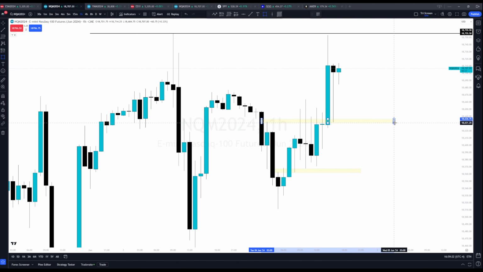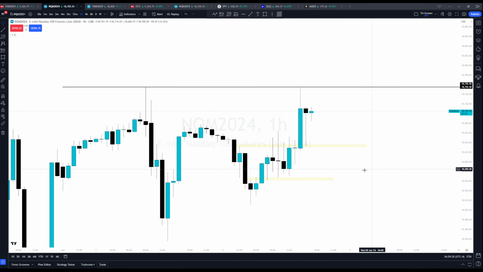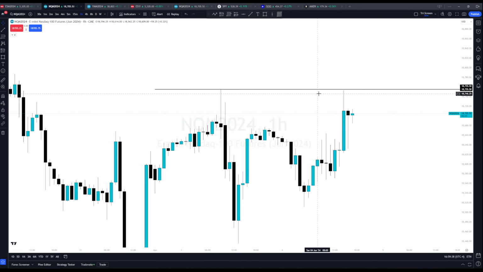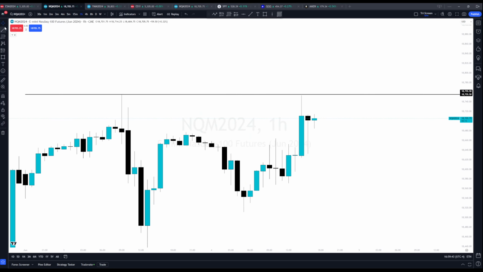We had another hourly here. Look how price went way back up here, came down, hit the hourly inverse, and then pushed back up. One more thing I want to point out. Look where we bounced. Obviously, this line is previous day high, right? We end up taking the highs from yesterday here.